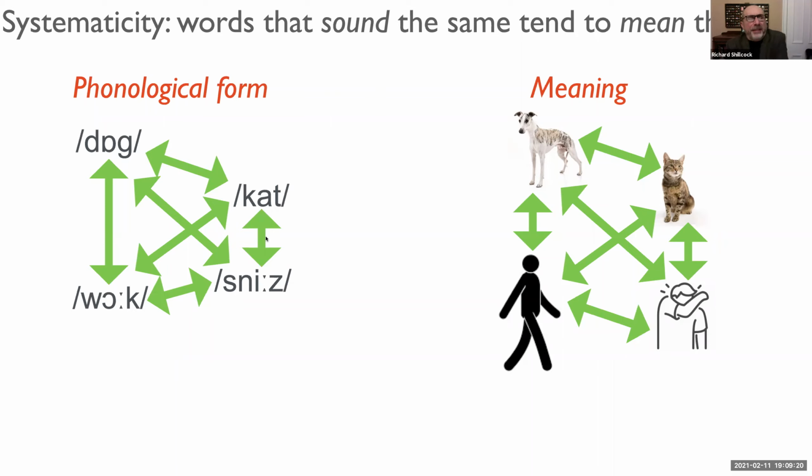It's a distance of everything to everything else. If you have a large lexicon, that's really a lot of distances to work out. So let's look at how we do this. It's fairly straightforward with phonology.